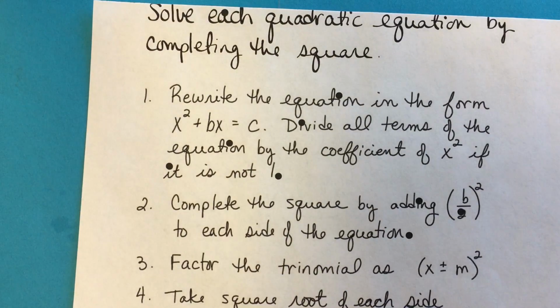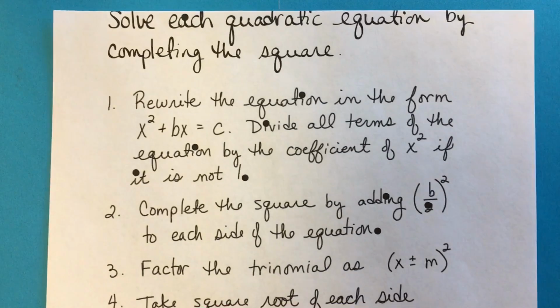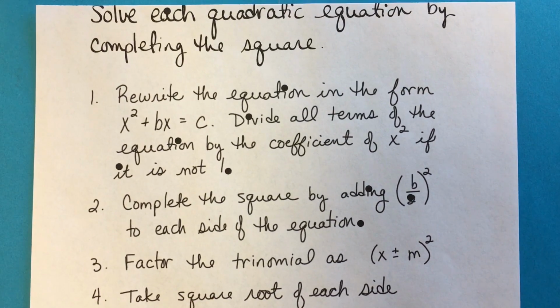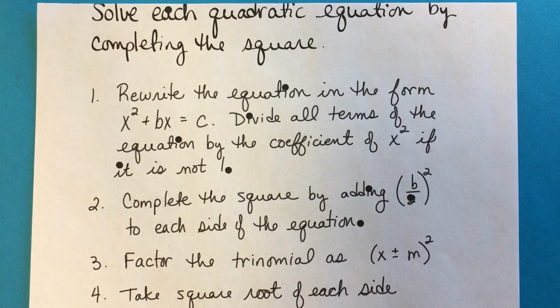All right, so you've got a list of steps here that you are going to need to write down, so you'll have these to refer back to. I'm not going to do a lot of explaining to begin with. I'm going to just basically explain these steps as I go through the examples. So if you want to, you can pause the video and write these down.